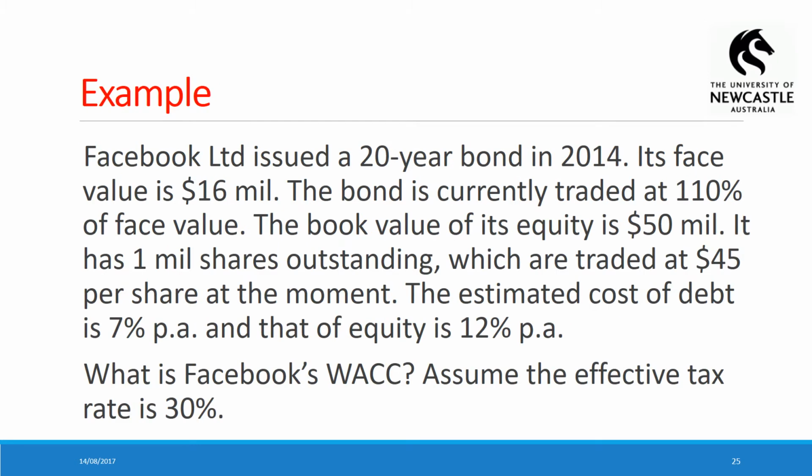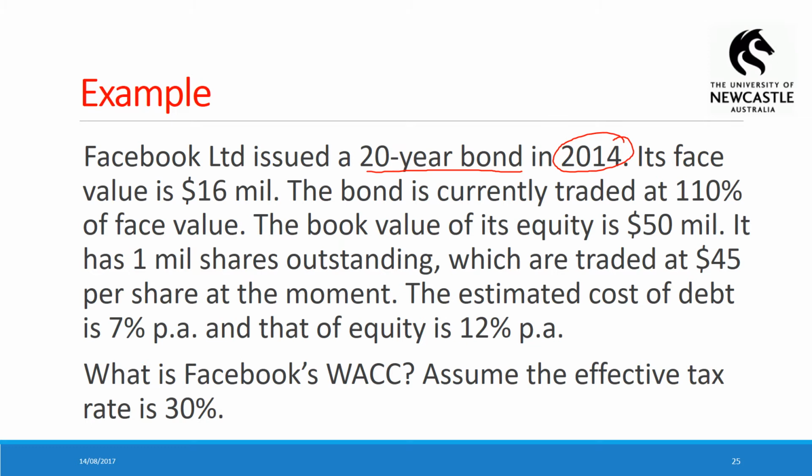So let's look at an example where we implement the weighted cost of capital calculation, right? In this case, we have a firm that has a 20-year bond debt issuance, and the debt was issued in 2014, right?